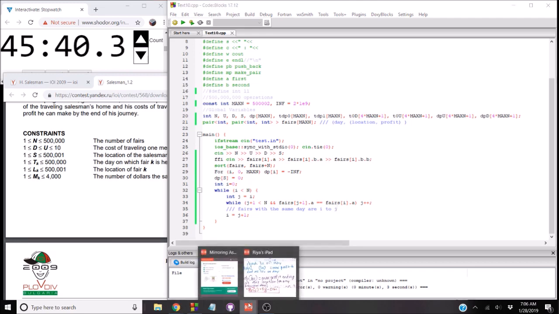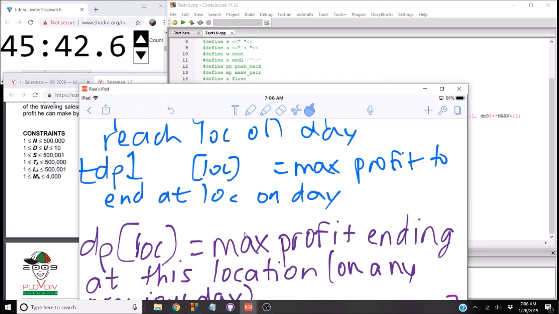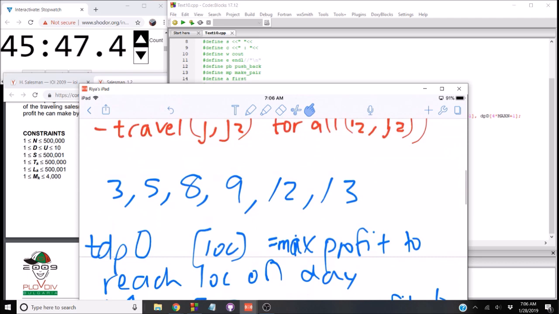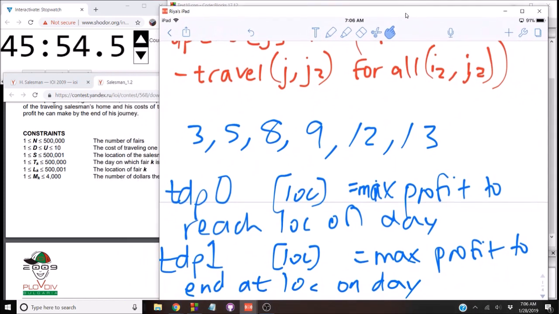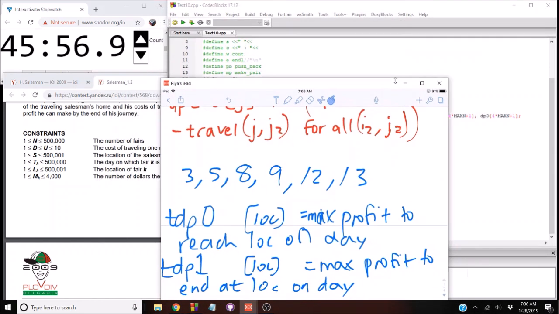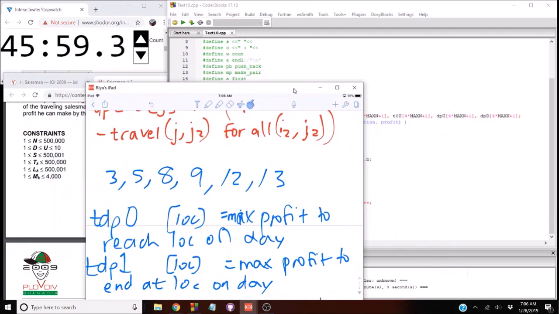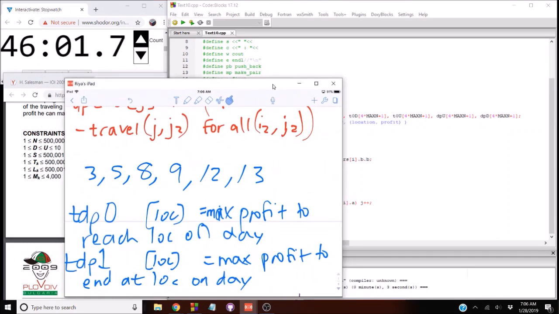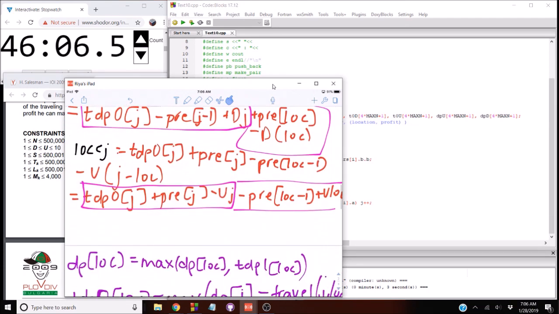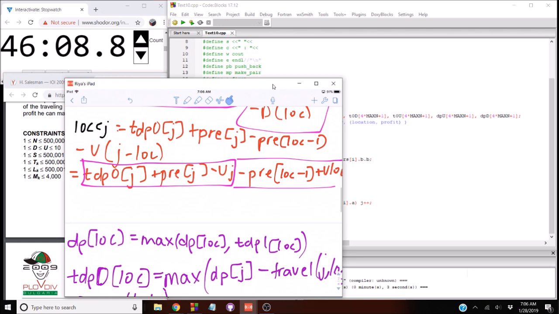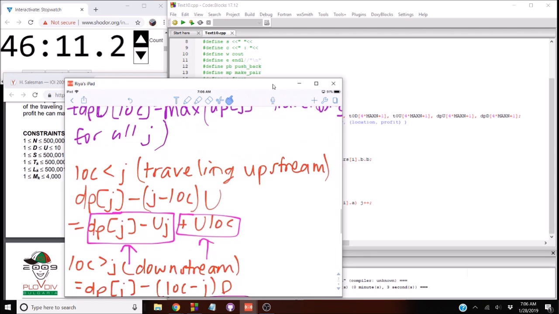Now for every day, I need to. The first thing I do is I find TDP0, which is the max profit to reach the location on the current day. And the formula for that is, cool.